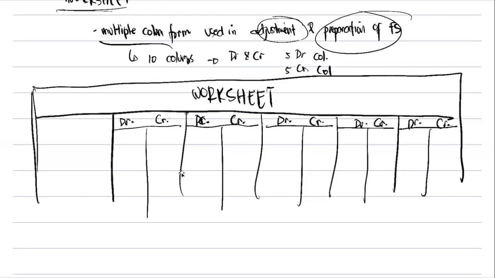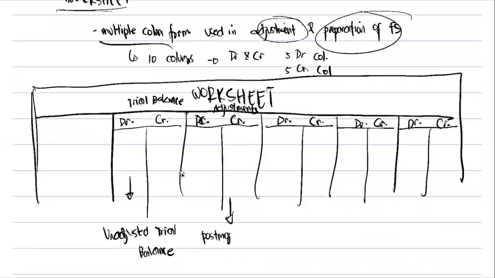So the first column here is known as your trial balance. What is this trial balance? This pertains to your unadjusted trial balance. Next, we have your adjustments. What are these adjustments? These are your different postings for adjusting entries.